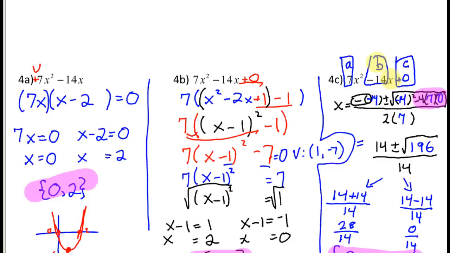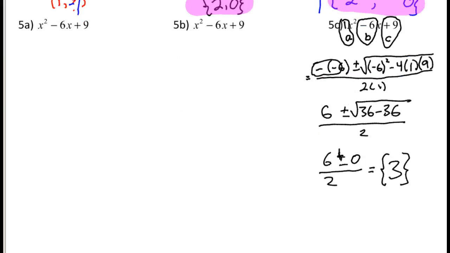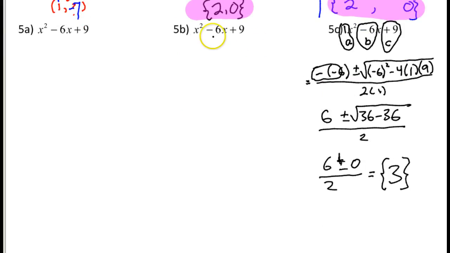Can you use 5B, please? 5B? Yes. Okay, 5B, let's see, half of -6 is -3, and -3 squared is 9. So this is already a perfect square. We don't need to complete it, it's already completed. It's x minus 3 times x minus 3.